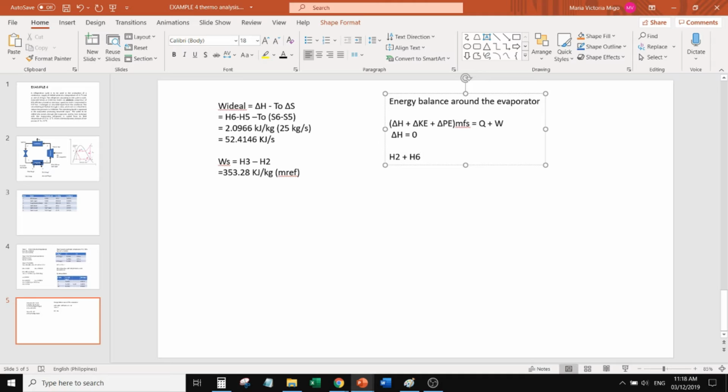But we need to multiply by the corresponding chilled water mass flow rates. So MCW for mass flow rate of chilled water. So those are the outputs minus the inputs.